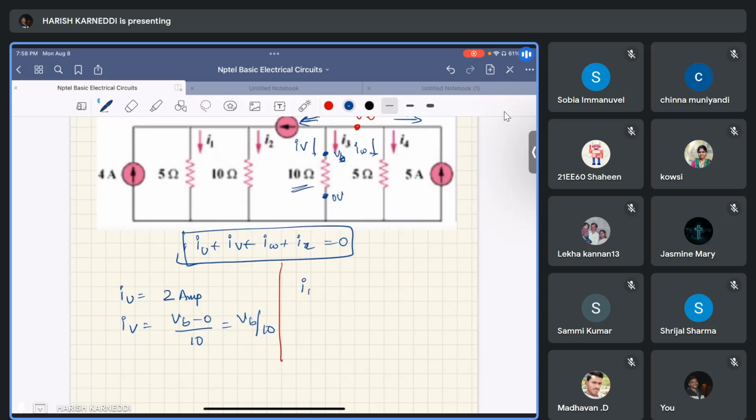And IW equal to same as previous. This point is connected to our node 2, that is VB, and this point is connected to the reference node, that is 0 volts. So IW equal to VB minus 0 by 5 ohm, that is VB by 5.